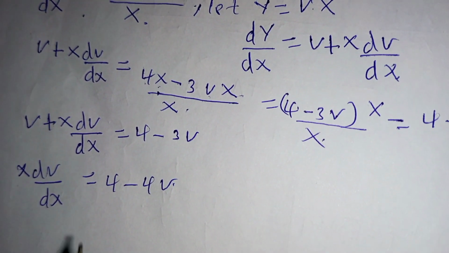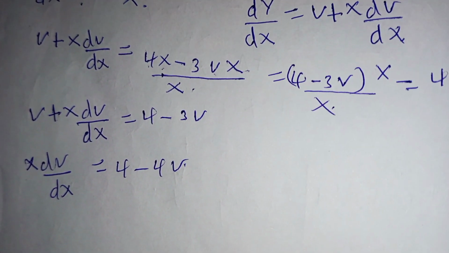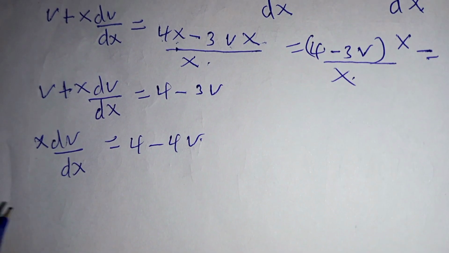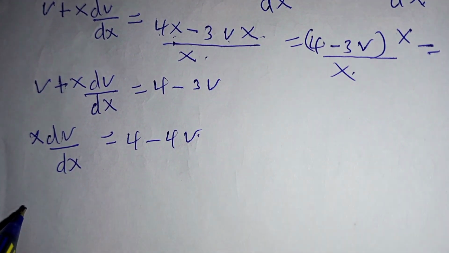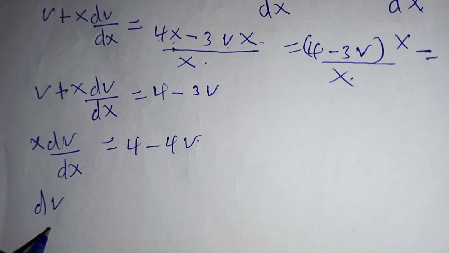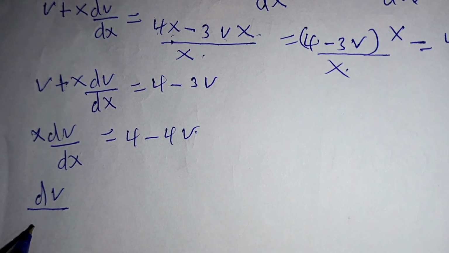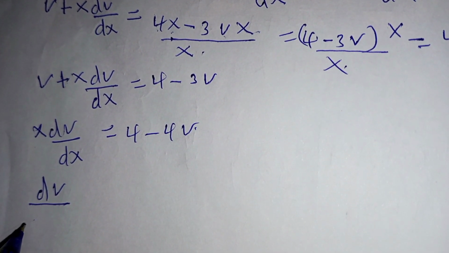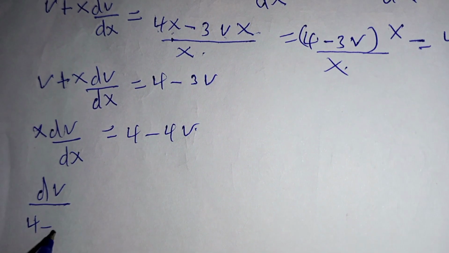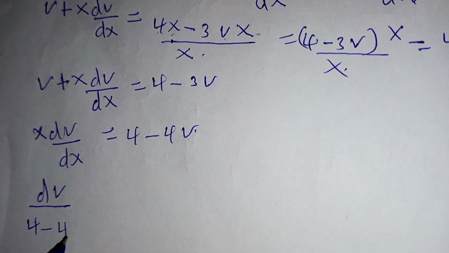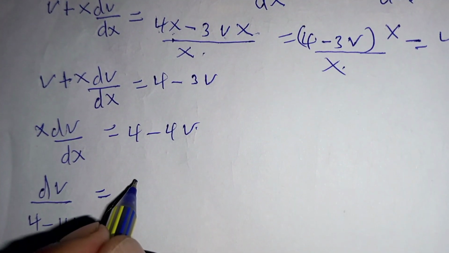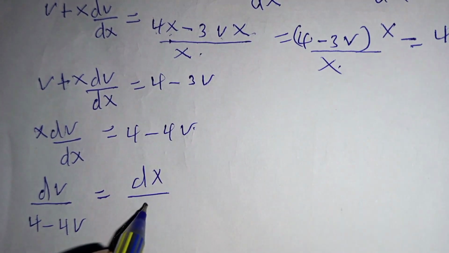I have taken v to the other side, and it has become negative, so we separate the variables. Separating the variables of v from those of x, we are going to get dv over 4 minus 4v is equal to dx over x.